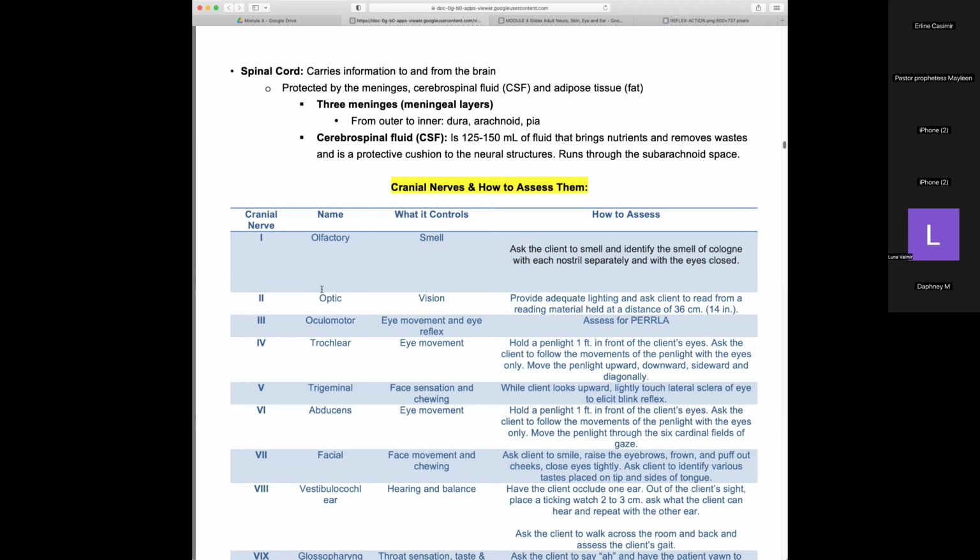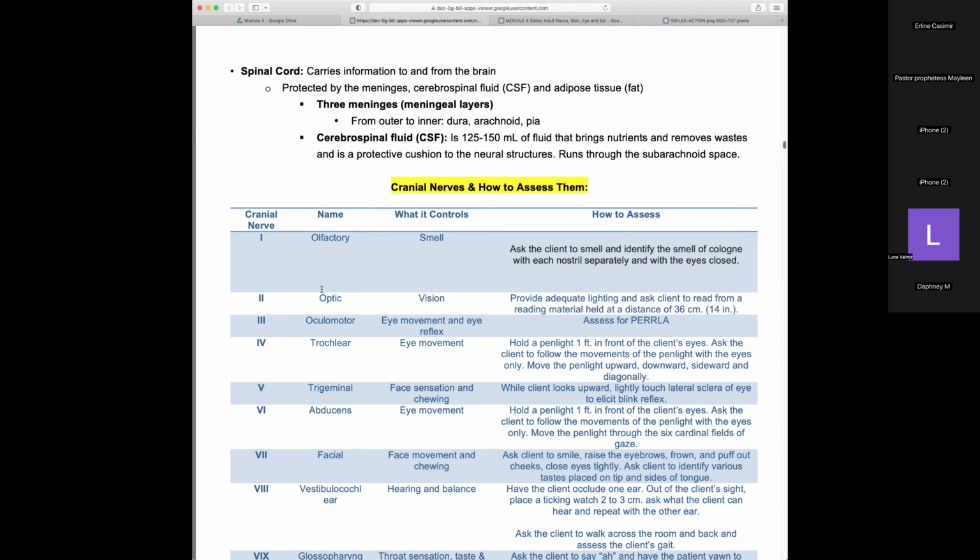So whenever there's fluid surrounding something, when the fluid is supposed to be there, it protects that organ. Like you have a little bit of fluid around your heart called pericardial fluid. It helps to protect the heart a little bit. It absorbs shock.